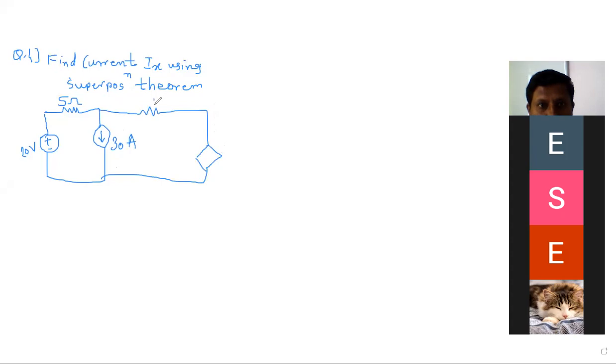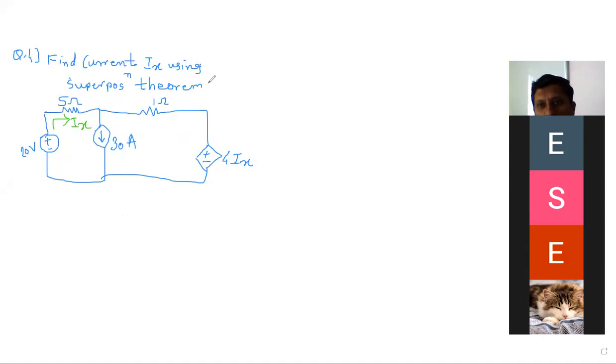This resistor is given as 1 ohm. This is given plus minus and the value is 4 into Ix, and the Ix is given here, which is flowing through 5 ohm. Okay, the current Ix we have to find out by using superposition theorem.